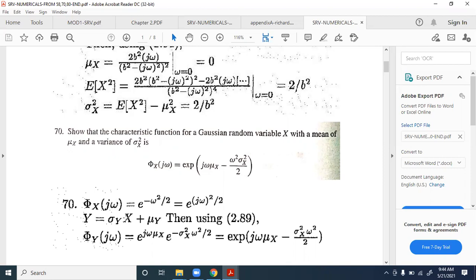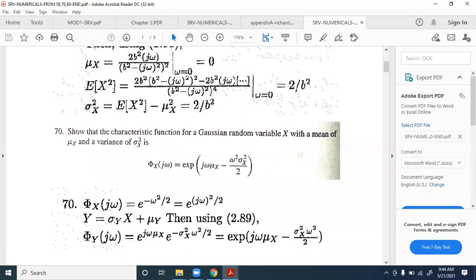Okay, so if you put it over here, then in place of omega squared, you have the quantity which is sigma y squared. So totally we'll have sigma x squared omega squared by 2. There might again be a print mistake here.